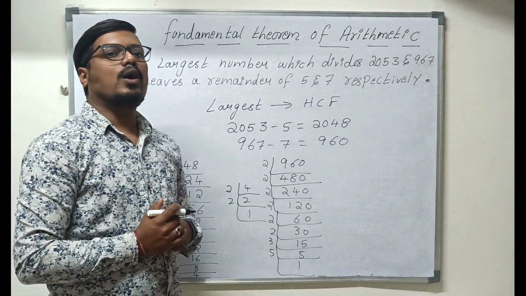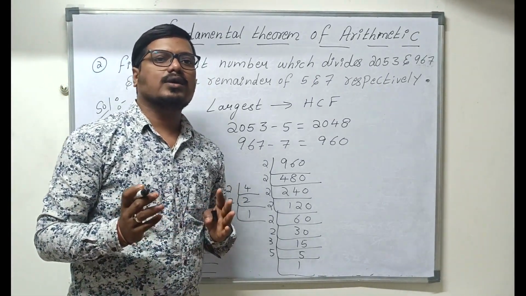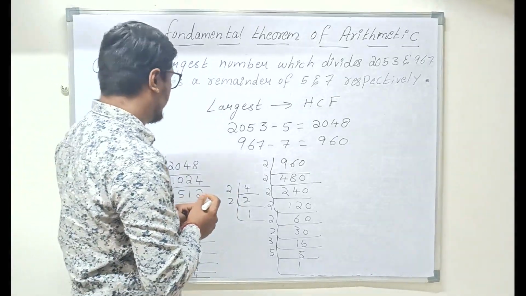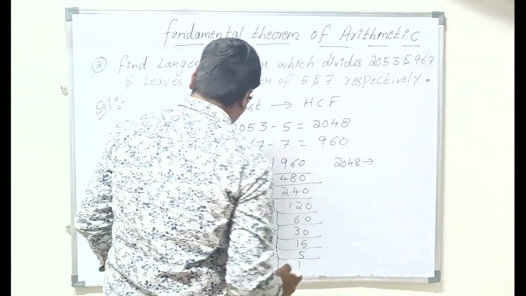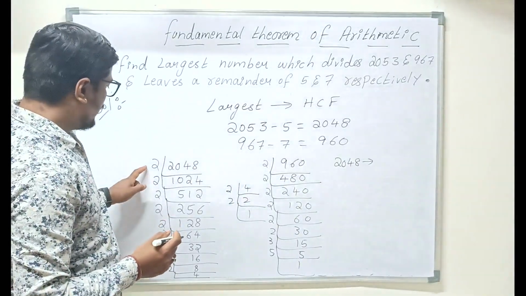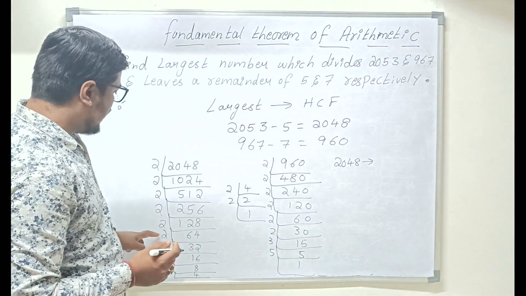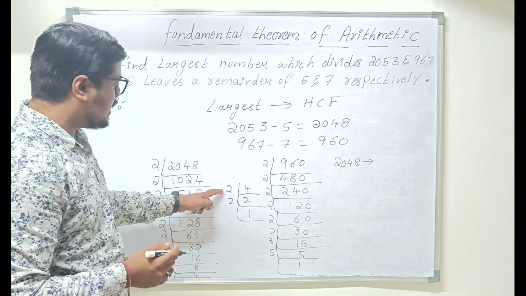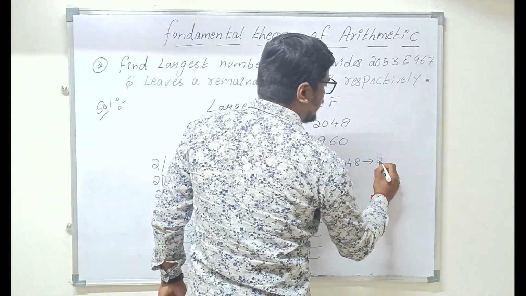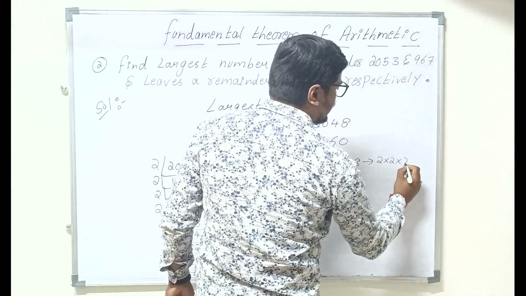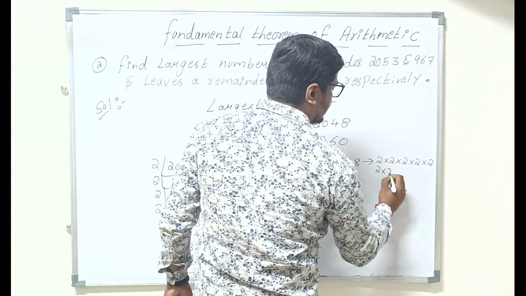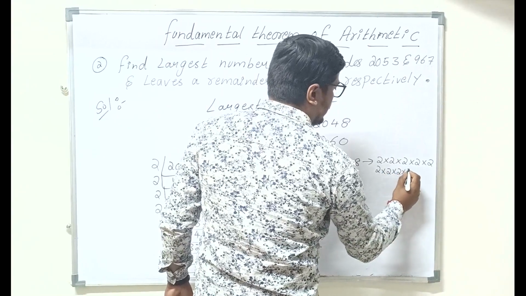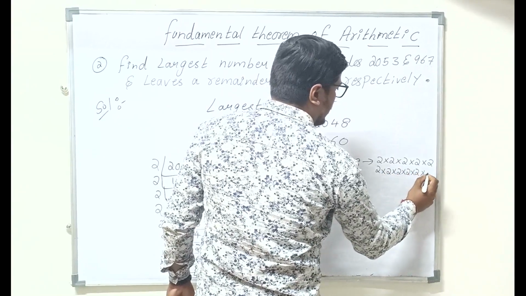Let us see how to find out the HCF. Got it? One minute, children. For 2048, how many 2s are there? Count it: 1, 2, 3, 4, 5, 6, 7, 8, 9, 10, 11. That means 2 into 2 into 2 and so on, eleven 2s.